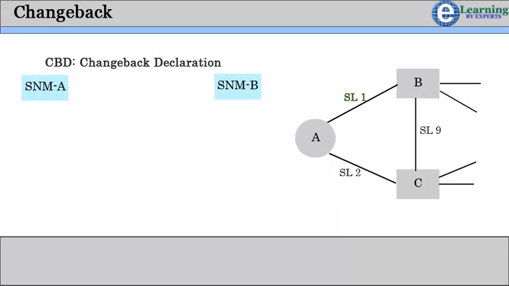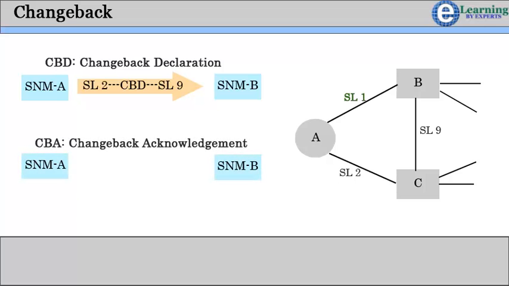SNMA then sends a changeback declaration (CBD) to SNMB, identifying SL1 by the combination of the values in DPC, OPC, and SLC. The message reaches signaling point B on SL9, and SNMB acknowledges with a changeback acknowledgement (CBA) on SL1.